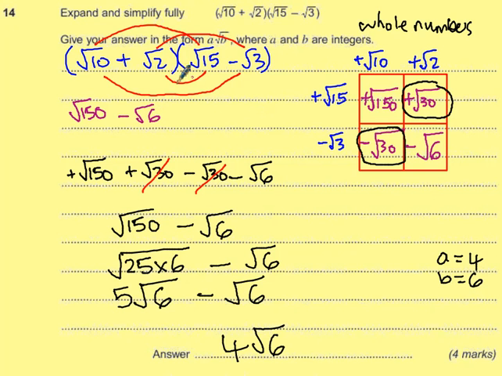If you did the nose, you'd have plus the square root of 30, and if you did the mouth, you'd have negative square root of 30. So you can see that either method that you used, this would have cancelled with that. You'd still have been left with square root of 150 minus square root of 6, and you'd have carried on the same there to give your answer 4 square root of 6.